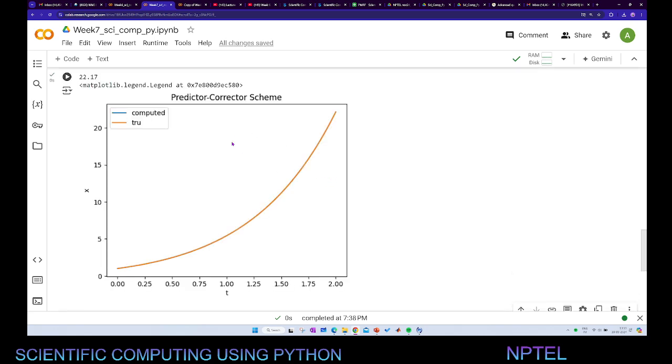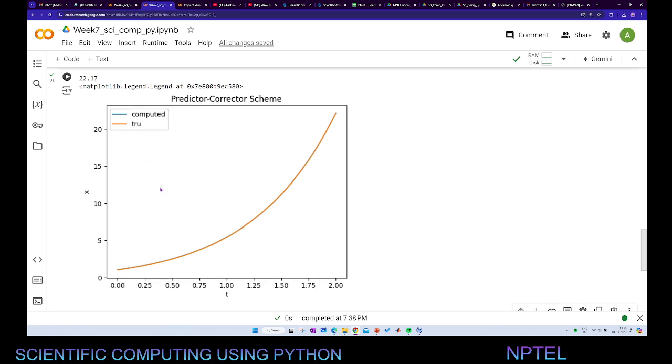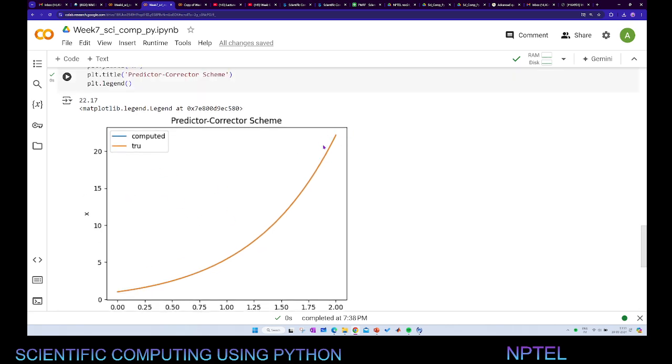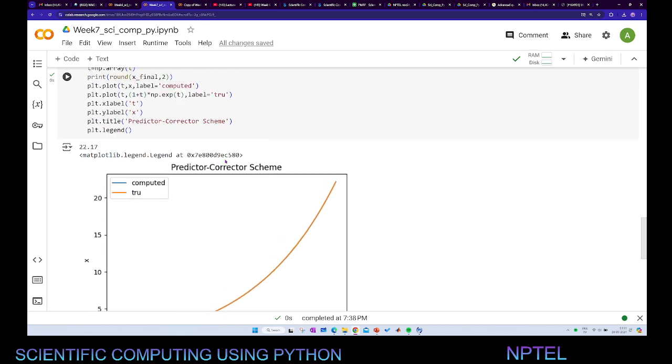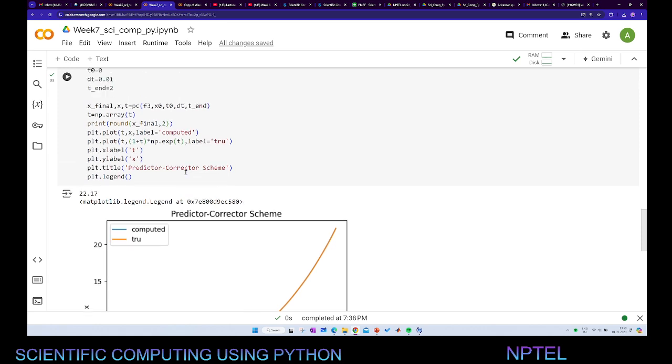Okay, so they are matching so well that you see only one of it. Maybe if you zoom in, then you will see some differences, but they are more or less the same, which goes to show that these methods are working really well.